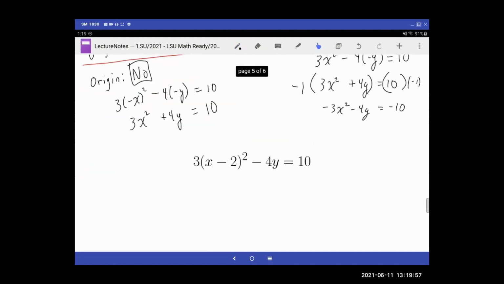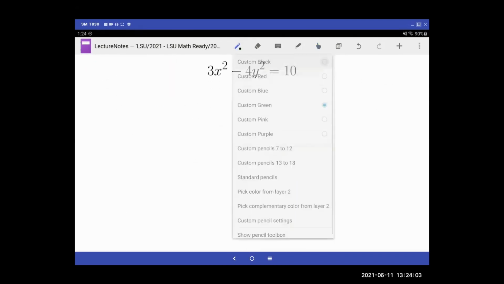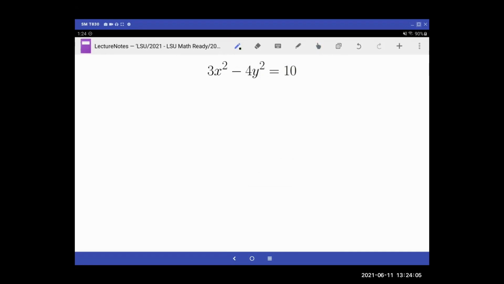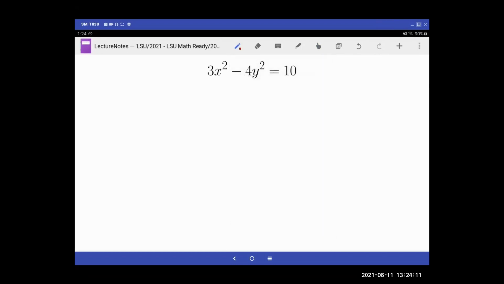Okay, we should do another one. Let's just do this one, and then we'll see if we need to do more than that. All right, so 3x squared minus 4y squared equals 10. Let's see if we have some symmetry there. I usually start off with the y-axis, right? Yeah, y-axis. Let's do y-axis first.